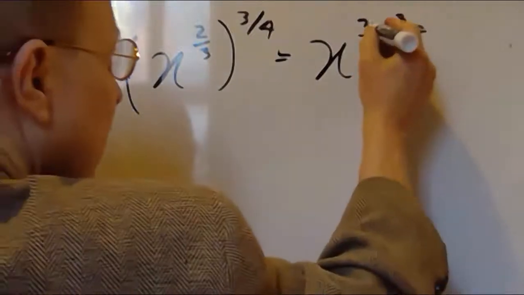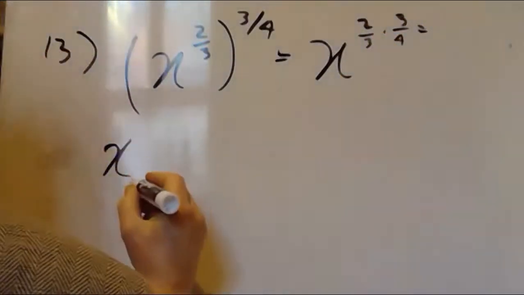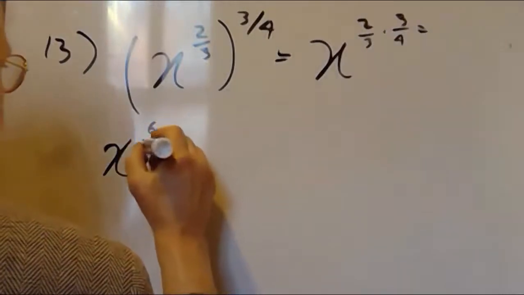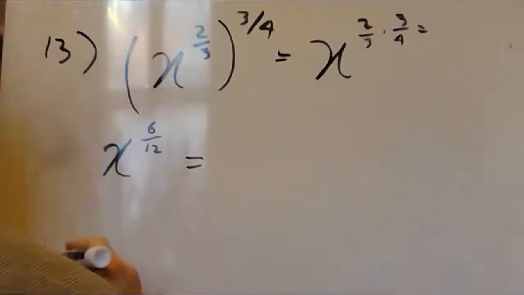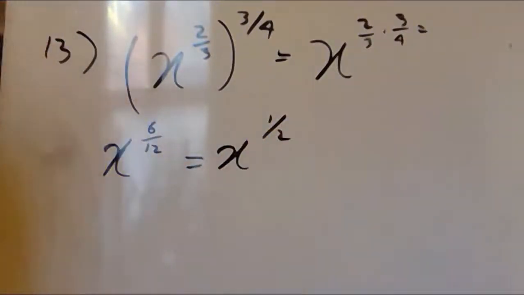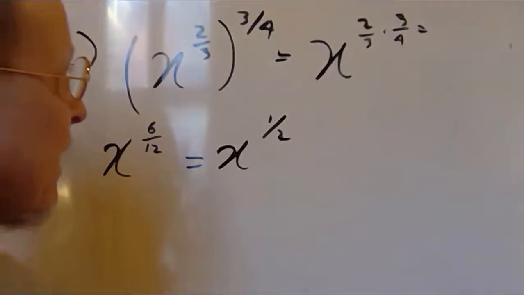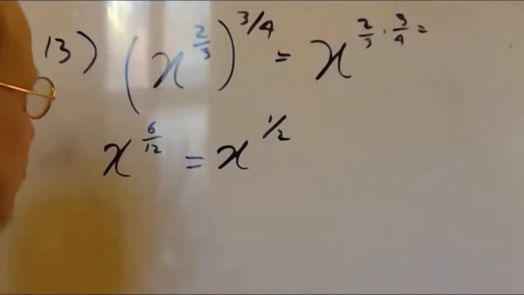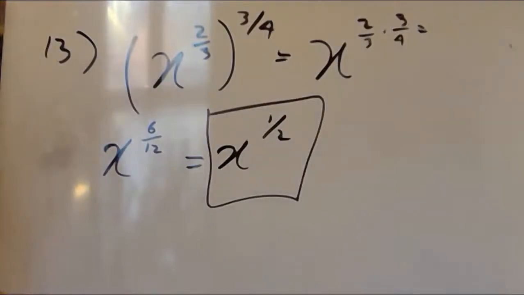So if we have 2 times 3 is 6, and 3 times 4 is 12, so we end up with x to the 6/12, and that means it's equal to x to the 1/2, which is the same thing as the square root of x. So we have to reduce. So with multiplication, we can just do it straight through, and this is our final answer.